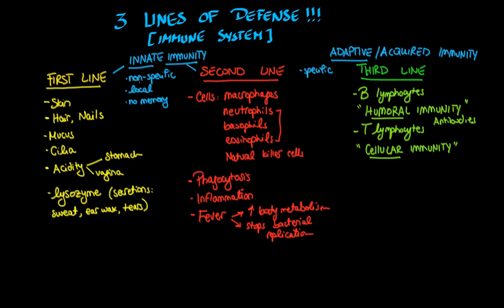So this means that immunity for one disease does not equal immunity to another disease. So it is very specific to the pathogen that it is targeting. It is also systemic, meaning that the effect is going to be all throughout the body instead of a localized effect like inflammation, for example, for innate. And finally, this includes memory.